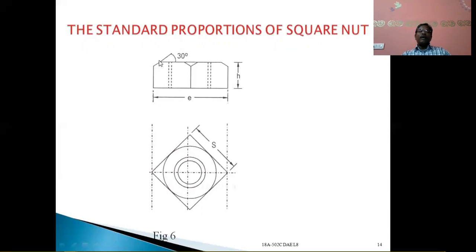So here also the chamfer angle will be 30 degrees, same as in the previous case. Height will be there, and corner to corner E is also there, and flat to flat.